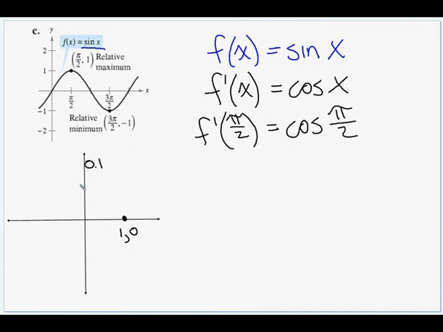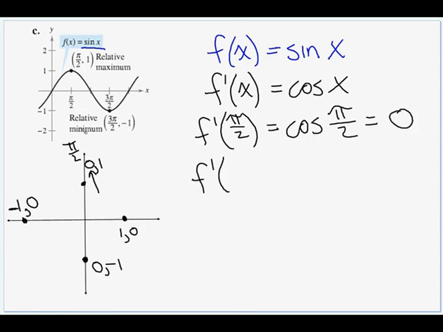This would be 0, 1. Here we would have -1, 0. And down here would be 0, -1. We're looking for the cosine of 1/2 pi. 1/2 pi is our positive y-axis. The cosine value is our x value. So here, cosine of 1/2 pi is in fact equal to 0.